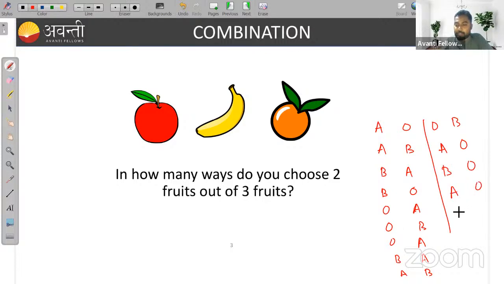Apple, orange; apple, banana; banana, apple. So these are the pairs, the 2 fruits we can choose out of 3 fruits, right?